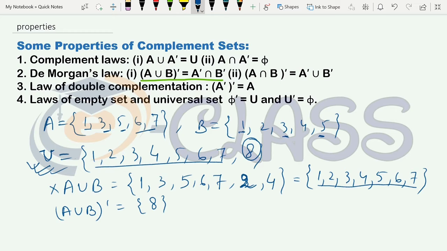Now A complement intersection B complement.